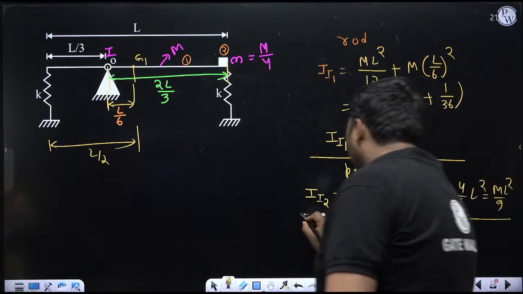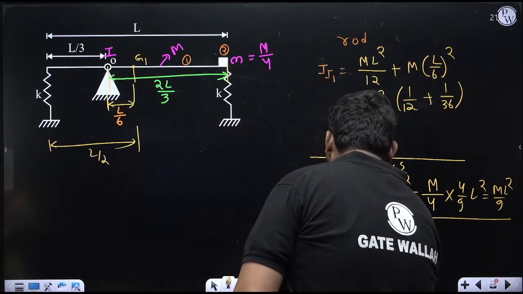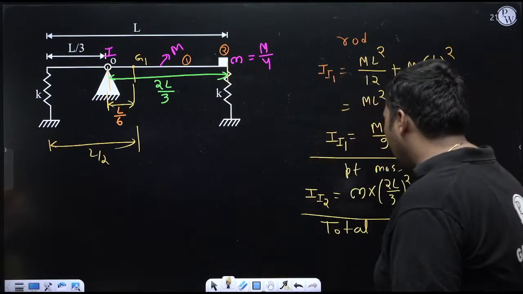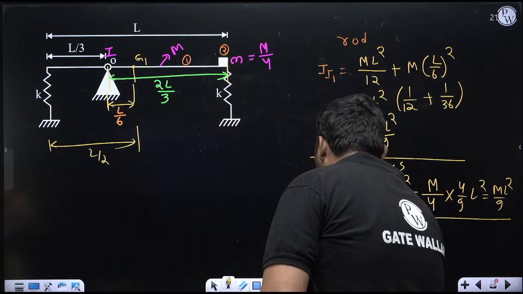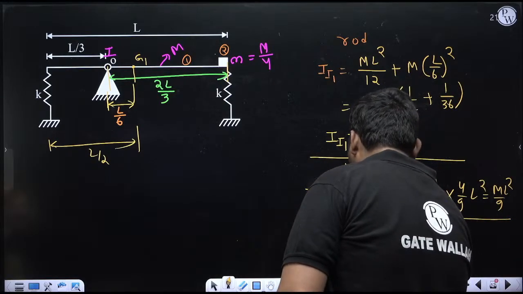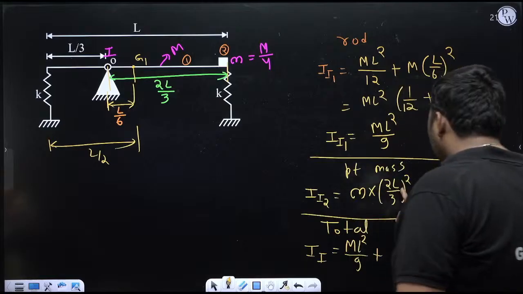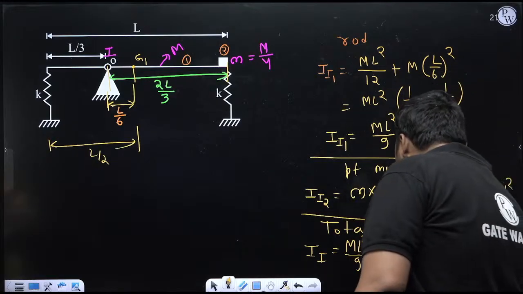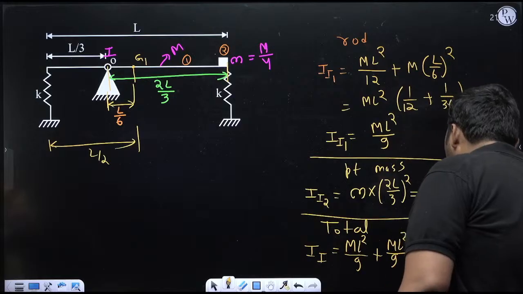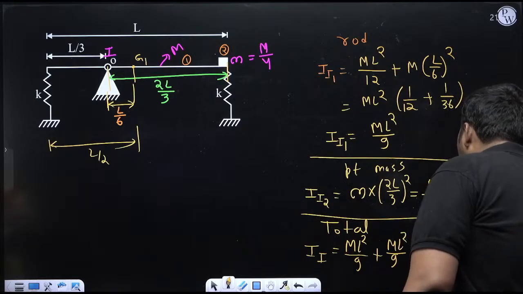After that I can calculate the total, by combining the inertia of the rod and point mass, we can calculate the total mass moment of inertia about the eye center. It will be the inertia of the rod about the eye center, which is capital ML square by 9, plus the inertia of the point mass about the eye center, which is again capital ML square by 9. So the total mass moment of inertia about the eye center is coming 2 by 9 capital ML square. Clear?